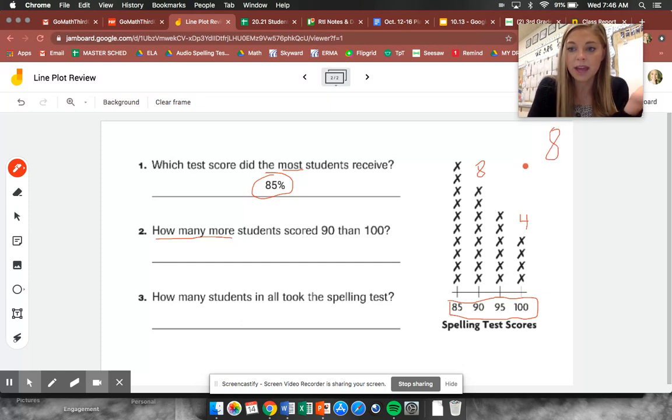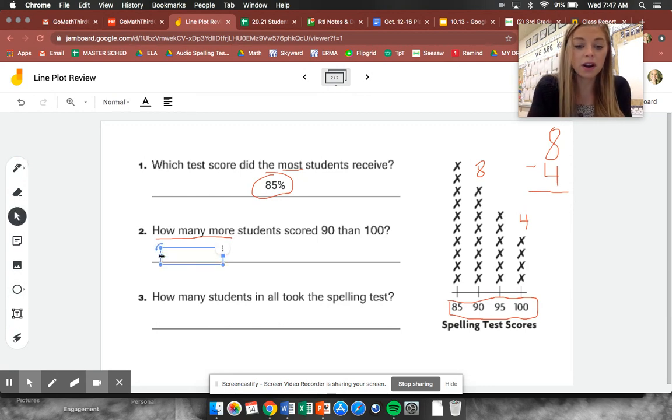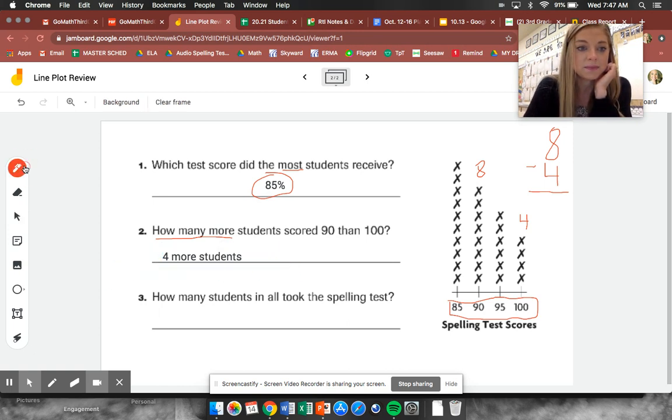So really we're doing 8 minus 4. Okay, 8 minus 4 equals 4. So 4 more students got 90% than 100% on their spelling test.